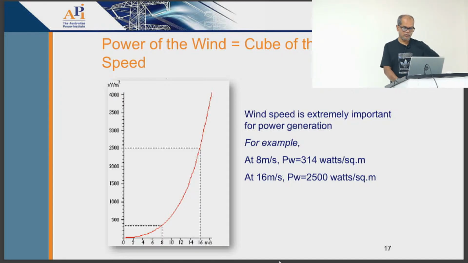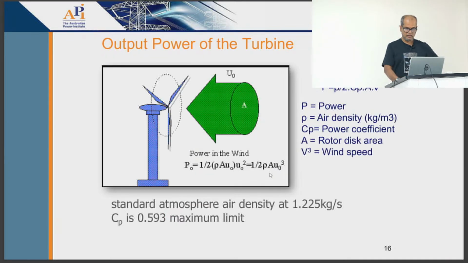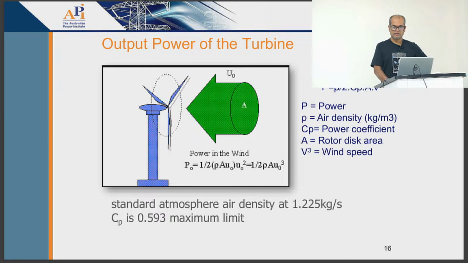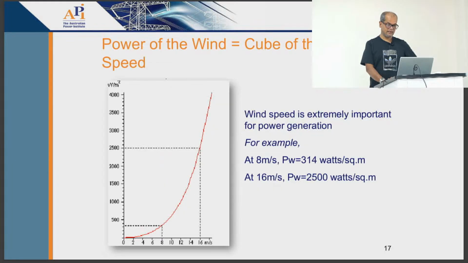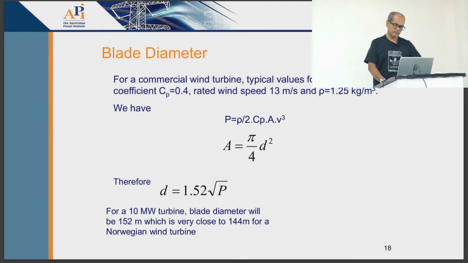Also, with the wind speed, the relation is cubic. If the wind speed doubles, the power output will increase by 8 times, right? That's why variation of the wind changes the output power significantly.